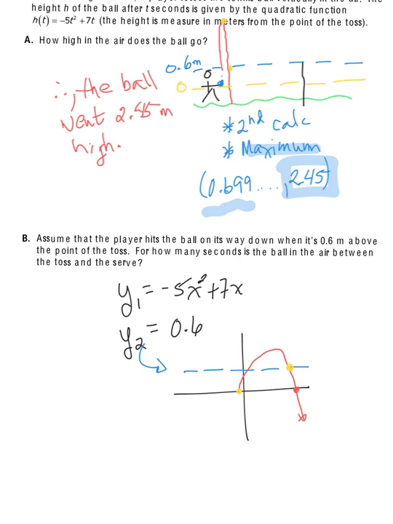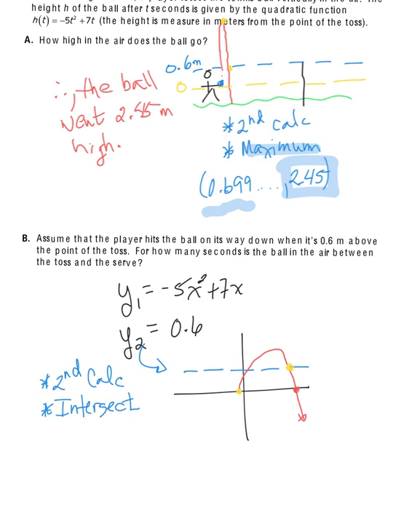So we're going to actually use the intersect feature. You're going to do second calc, but this time we're going to use intersect because I've got two equations that I have put into my calculator. These are the two lines, the blue line and the red line, and I want to know where they intersect here. They also intersect here, but I want to be over here.